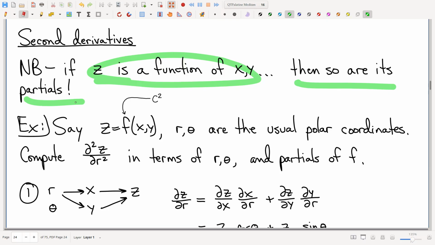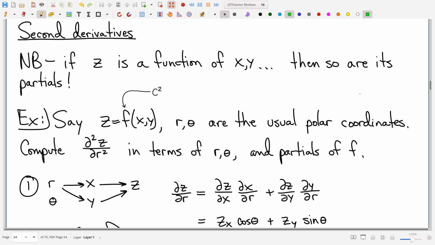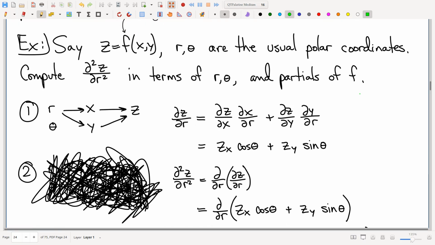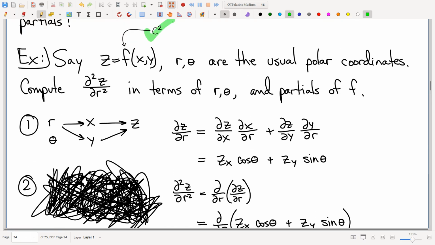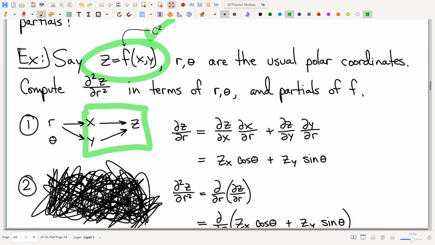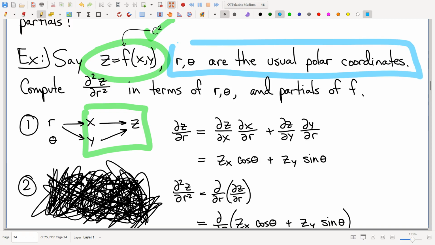So what I'm going to do is just dive in and allow that to come up naturally. So suppose we have some appropriately nice z as a function of x and y. And then also, I'm going to say r and theta are the usual polar coordinates. Now keep in mind, I have this take on polar coordinates that they are the input coordinates to a function.